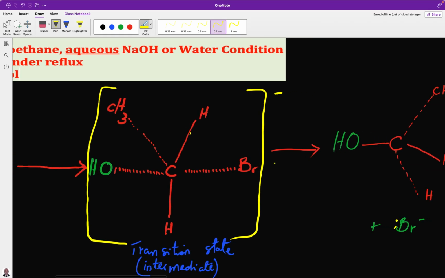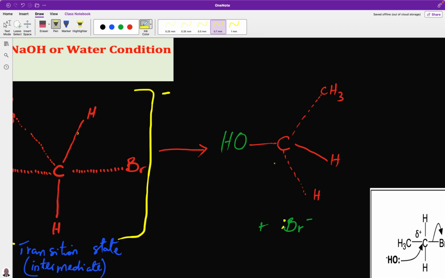After that, what happens? The nucleophile, the OH, firmly attaches itself to the carbon, and the bromine finally leaves as a bromide ion with a lone pair of electrons. What happens? An alcohol by name ethanol is produced.